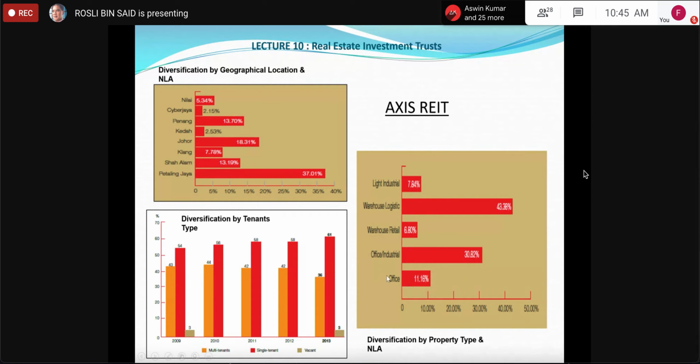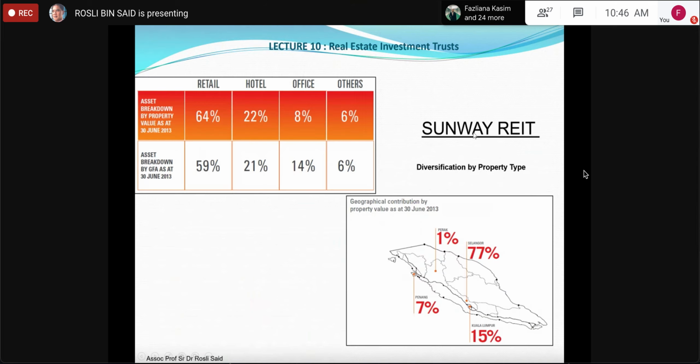And then office or industrial, like I said just now, industrial, especially built-to-suit, is still doing okay. The only problem now is offices, but it is only 11.16%, and the rest of the investment is still maintained as the highest value for a real estate investment trust.